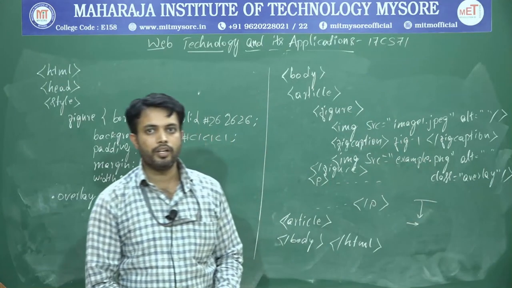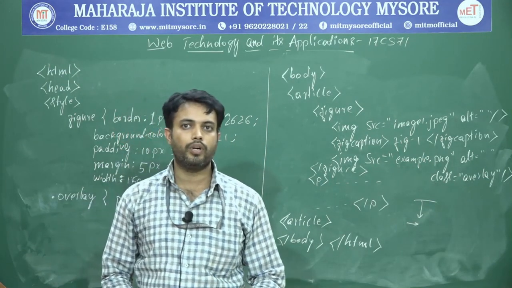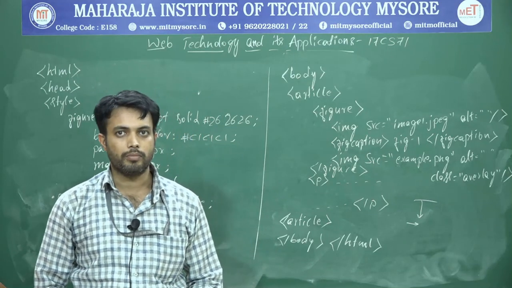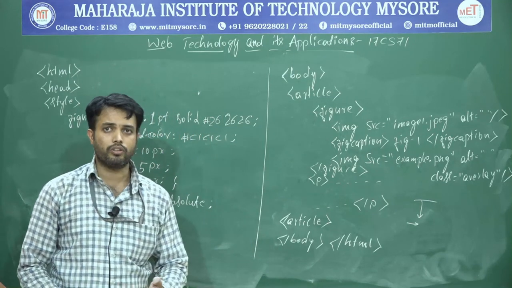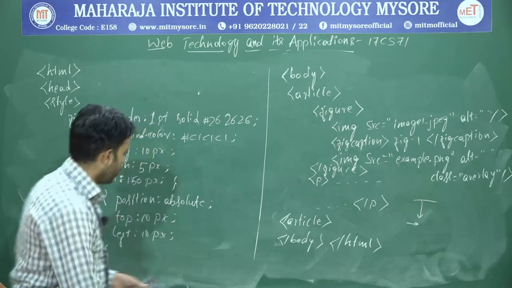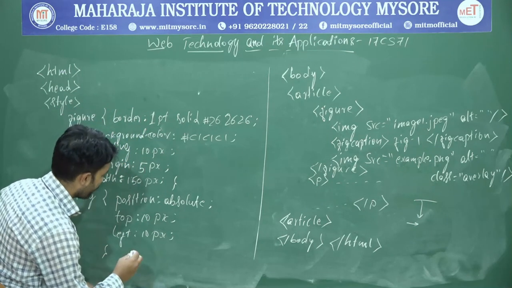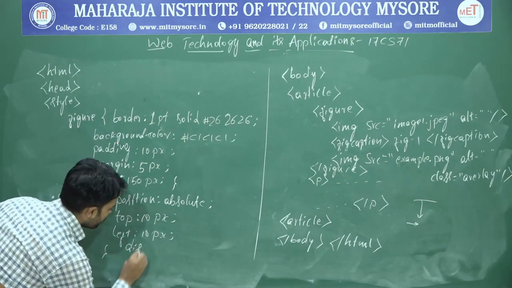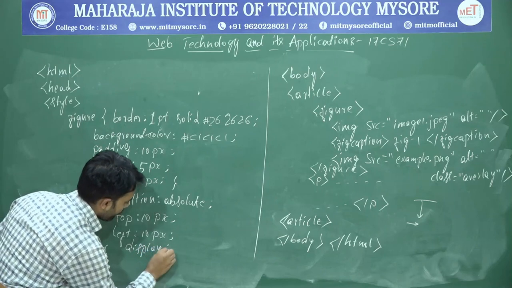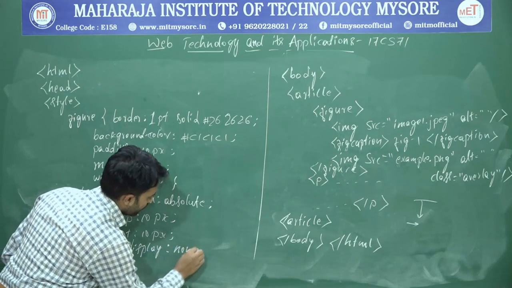Likewise we can overlap one image on top of another image, or one element on top of another element. Now I'll add one more property for this overlay: display none.